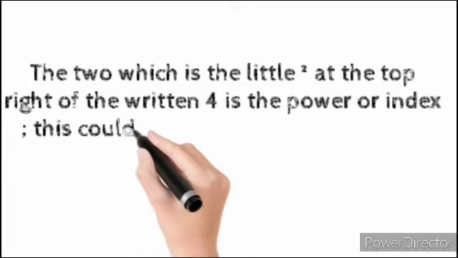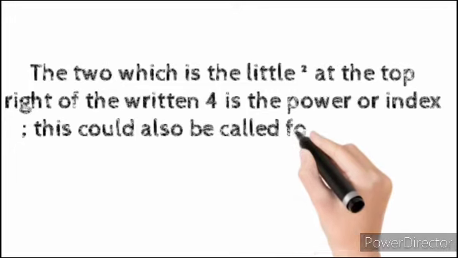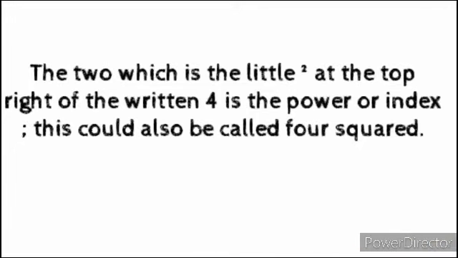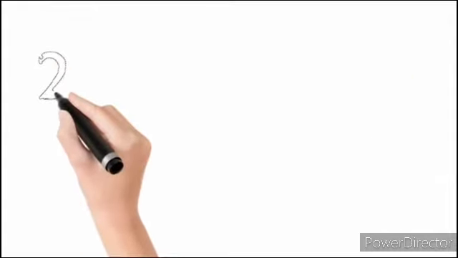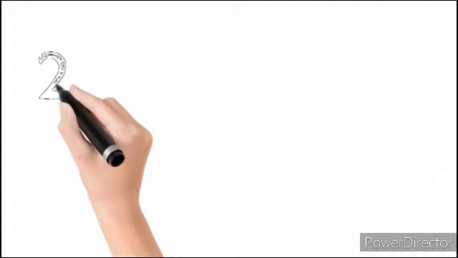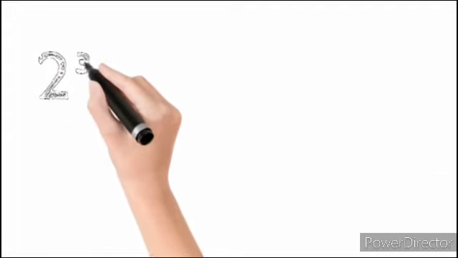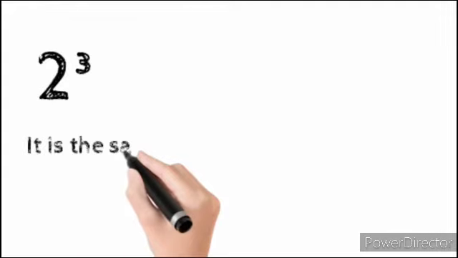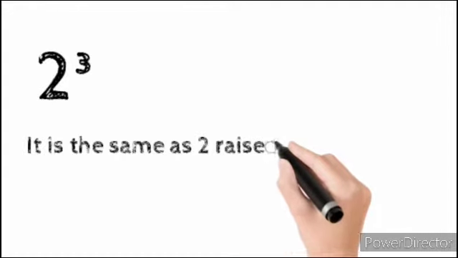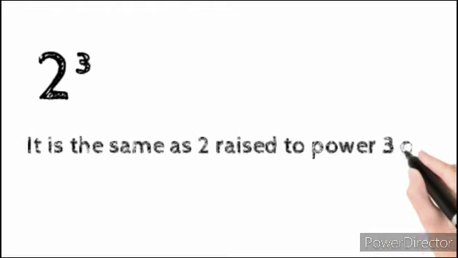It could also be called 4 squared. The same goes for a written number 2, with a little 3 at the top right of the written number 2. It is the same as 2 raised to power 3 or 2 cubed.